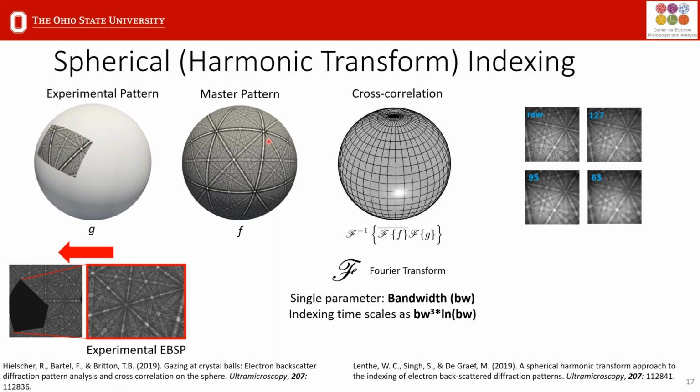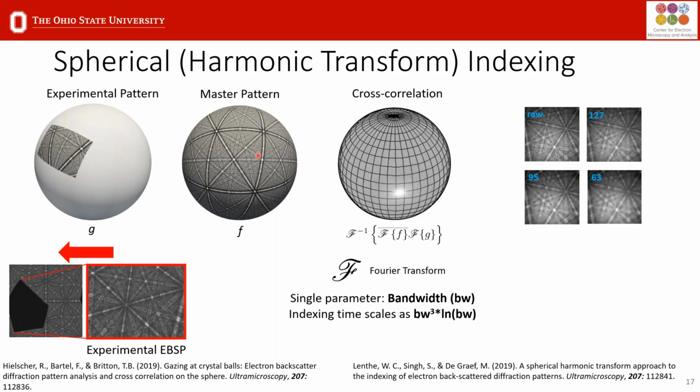By performing an autocorrelation on this master pattern, you can identify which materials. In that paper, they describe how to address pseudosymmetry issues using the spherical indexing. I used it for phase discrimination, but pseudosymmetry issues I think can be addressed by spherical indexing.